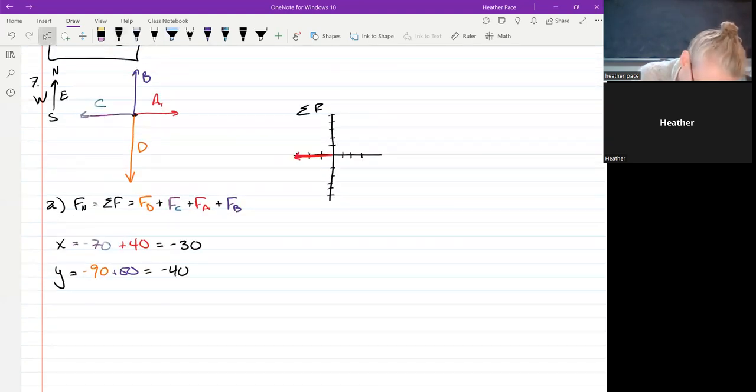So if I were to draw here, negative 40 right here. Our resultant, the magnitude of our net force is going to be this.